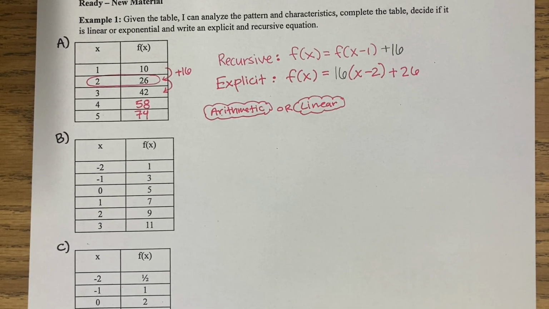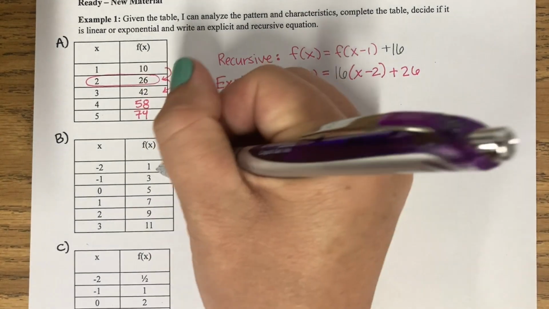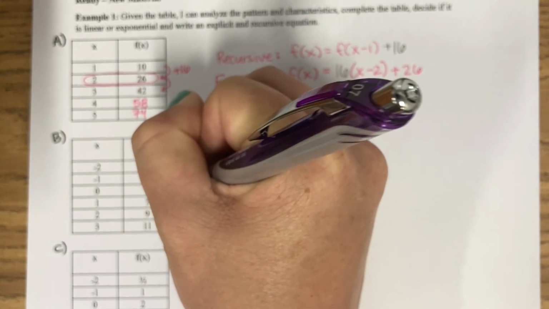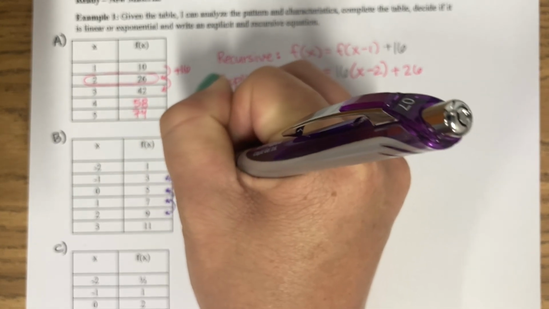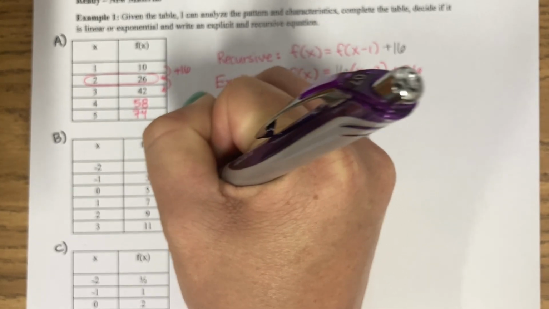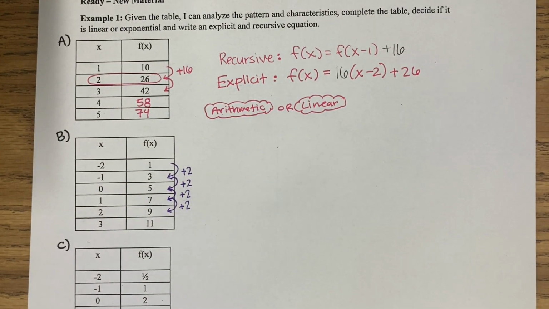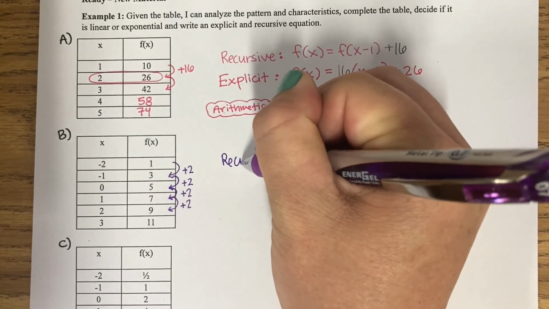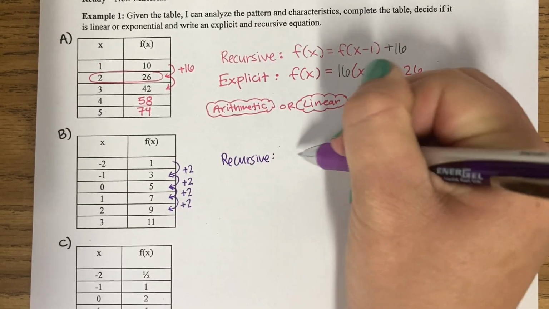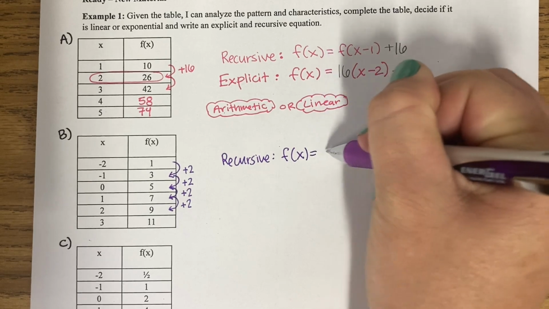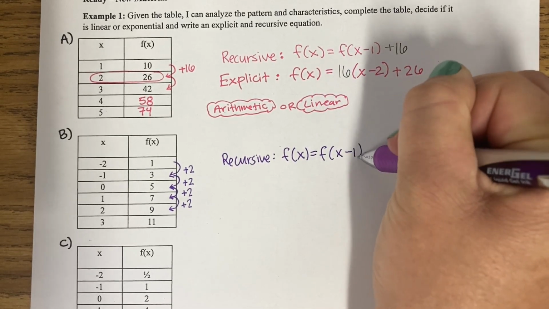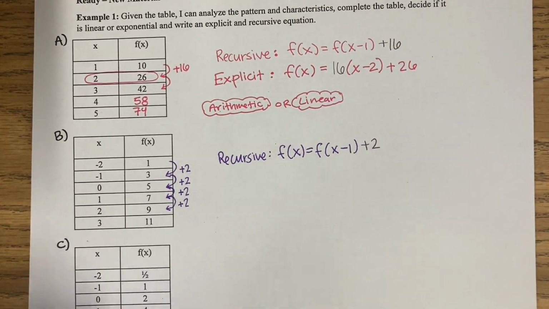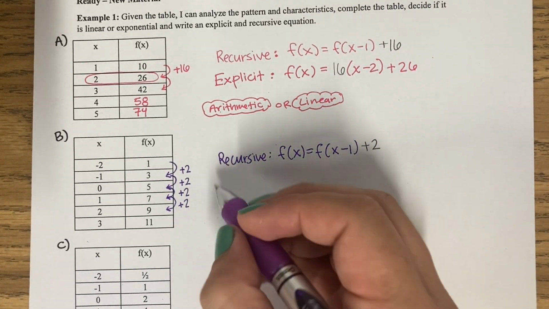Okay, question B. Let's look for a pattern. 1 to 3, 5, 6, 7, 8, 9. That's adding 2. And it's all filled in, so I don't have to fill in anything. Recursive would be f of x equals f of x minus 1, and then at the end I put my plus 2 for my pattern.